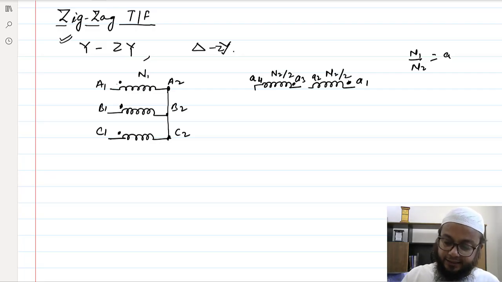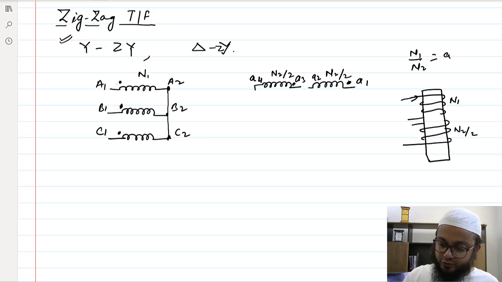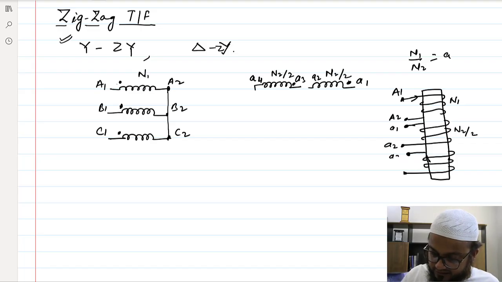If I see a single limb, one limb for one phase, you have a primary winding here, and this is N1, so in the secondary you have N2 by 2, and then you have another winding as well. So let's say this is A1, A2 here, and on this you would have A3 and A4. Obviously the dots are here, and the dot for smaller A1 is here, and for this the dot would be here.